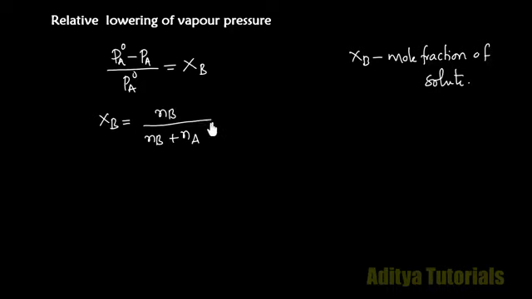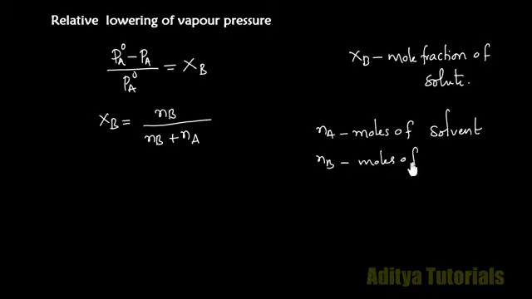Here, Na and Nb are, the first one, Na, the moles of solvent, whereas Nb is the moles of solute. Now the number of moles can be calculated.